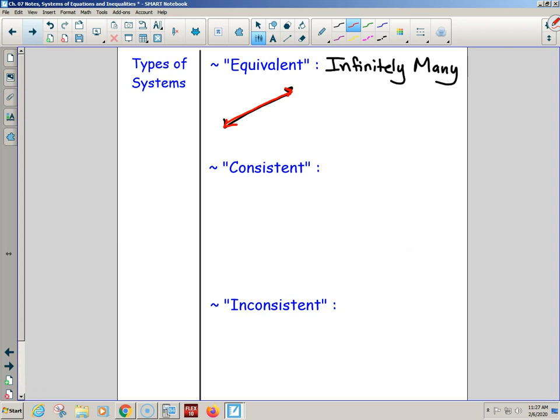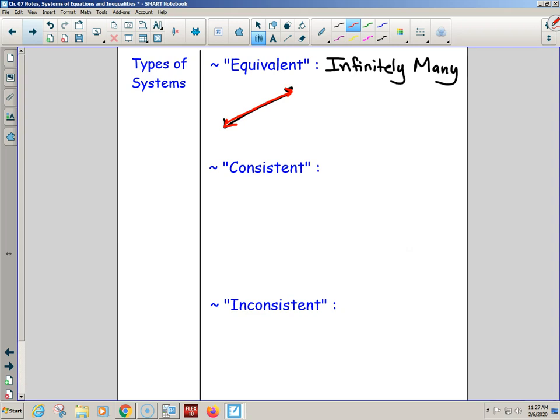They are equivalent equations. They look different, they look distinct, they might even come from distinct places or distinct information sets. As you guys felt in homework last night, sometimes you're not given equations, you're given information that you can make the equation from. But if it's an equivalent system, that means that they're all the same thing.